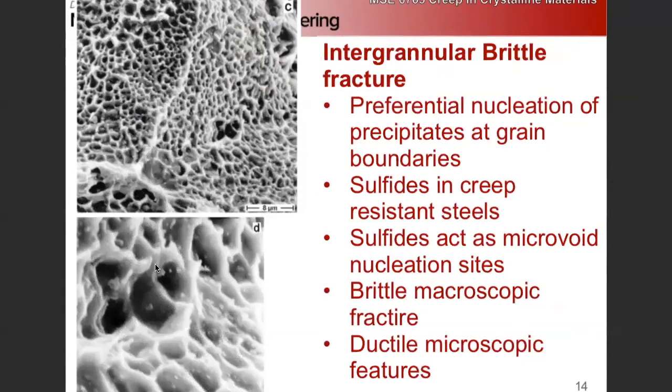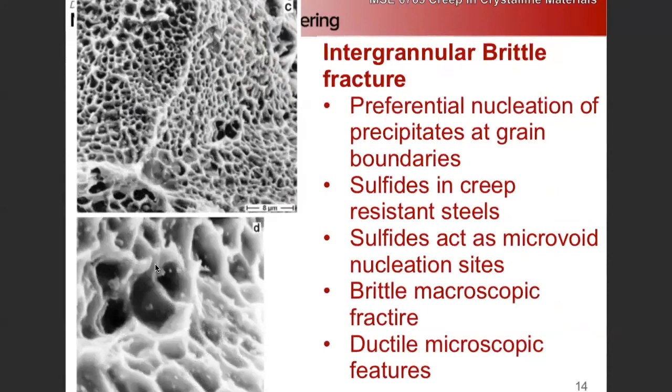Well, we get preferential precipitates at the grain boundary. Again, grain boundaries are great sources for diffusion. They have lots of free volume, for lack of a better word, where precipitates that have a large volumetric strain or a large coherency strain associated with them can form much more easily.